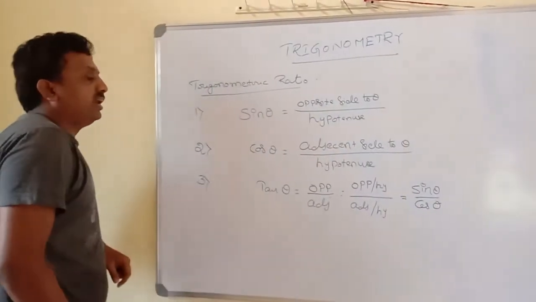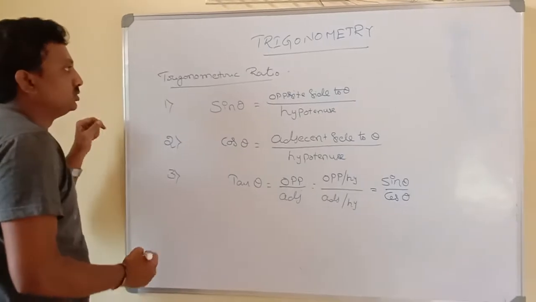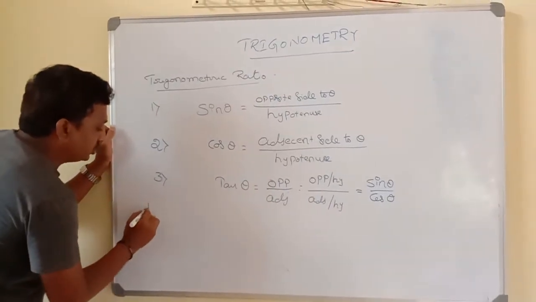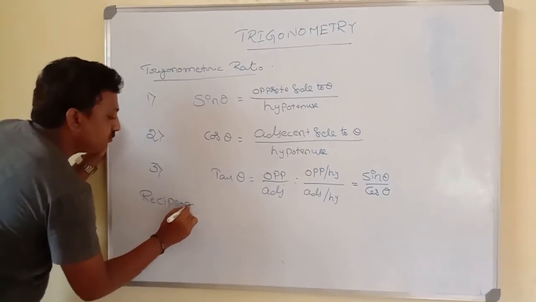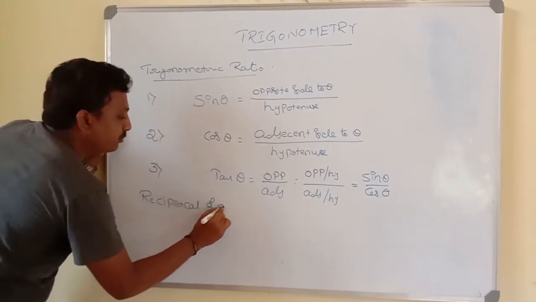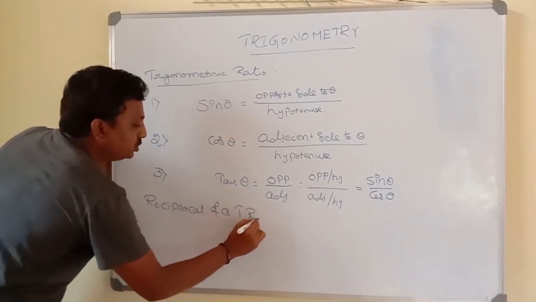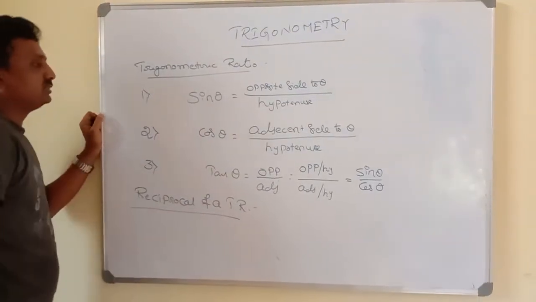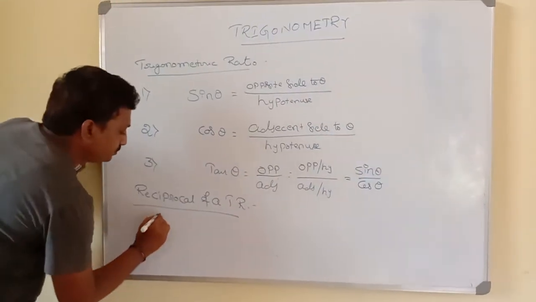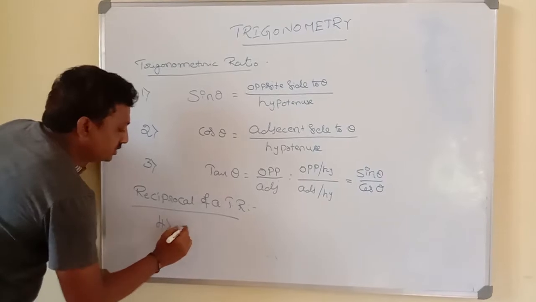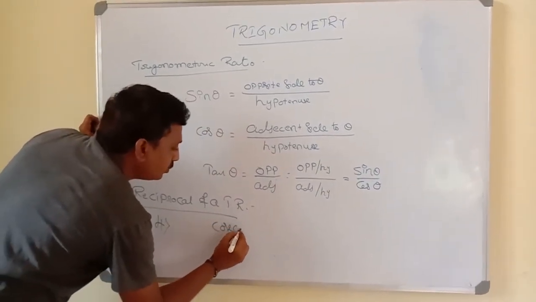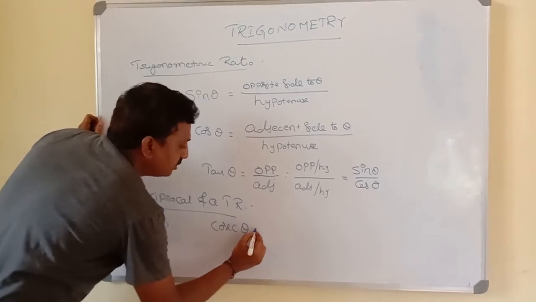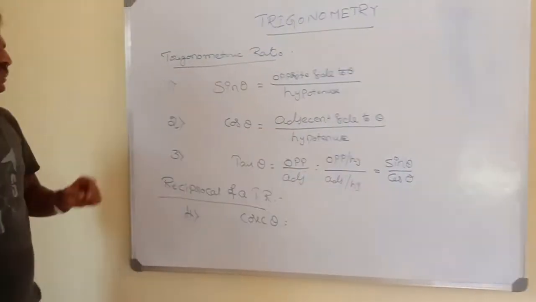The remaining three trigonometric ratios are the reciprocals of the trigonometric ratios. What are the three? The fourth one is cosecant theta. What is cosecant theta?